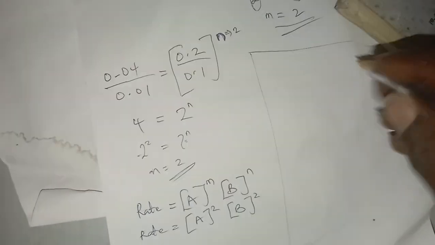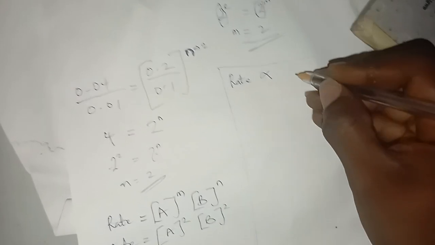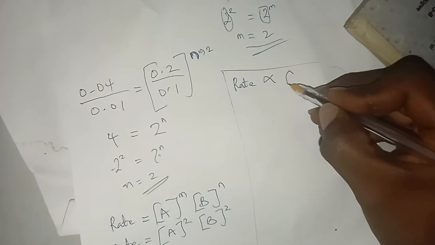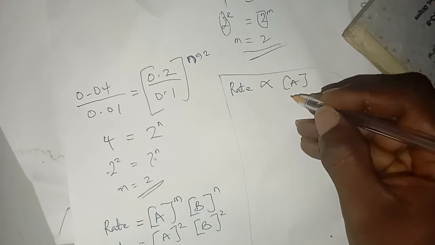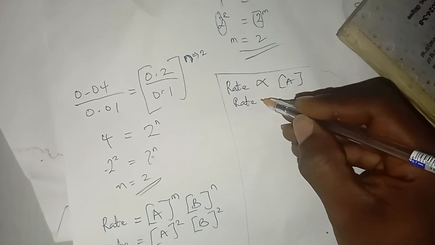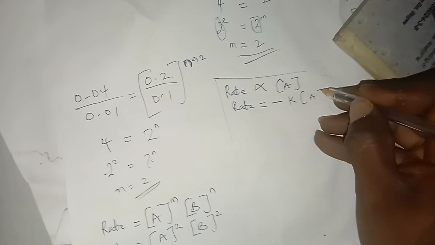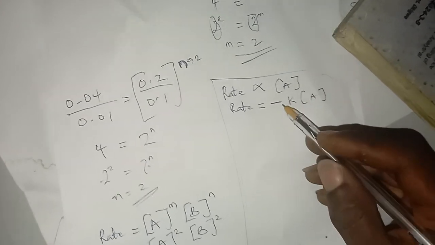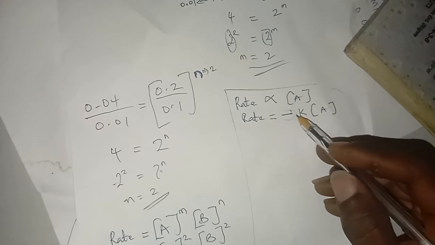But in a situation where they tell you to find the rate constant, you need to note that rate is directly proportional to concentration. Let's say this is concentration A or concentration B. So rate will be equal to disappearance, meaning minus K into A. The minus doesn't really hold any significance; it just shows that it is decreasing.